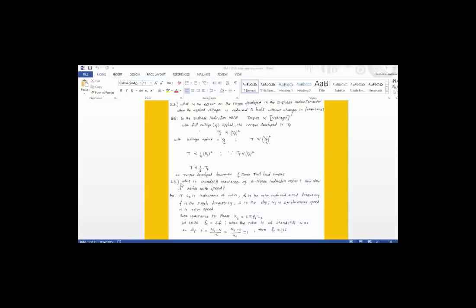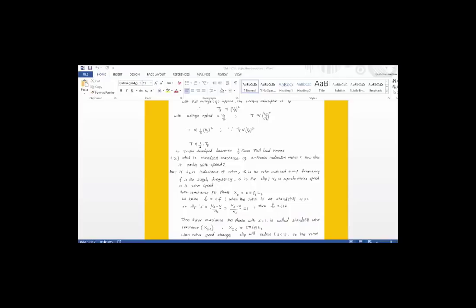Next, 23rd question. What is standstill reactance of three-phase induction motor? How does it vary with speed?